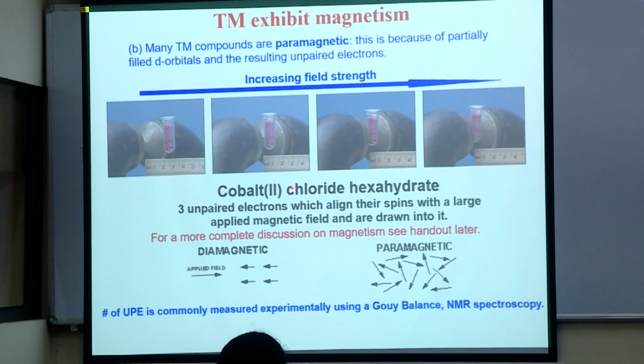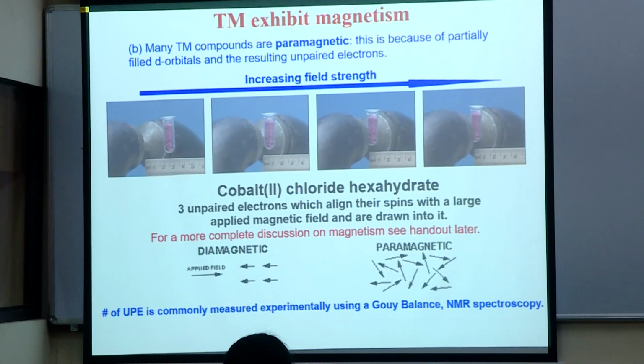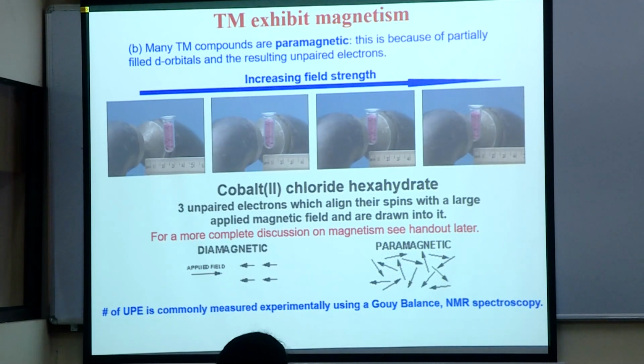They can be paramagnetic or diamagnetic, for example cobalt 2 plus and 3 plus. When you take the sample and put it in the center of a magnet, whether it gets attracted or repelled tells you whether it is paramagnetic or diamagnetic, right? So one of the properties of transition metals is that they are paramagnetic or diamagnetic.